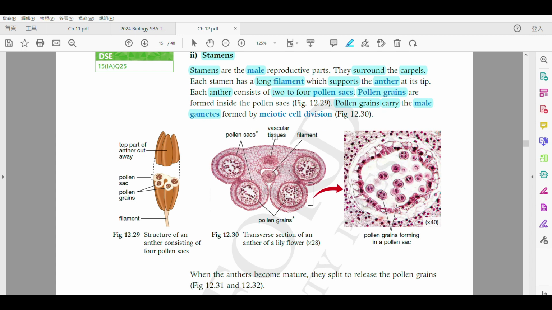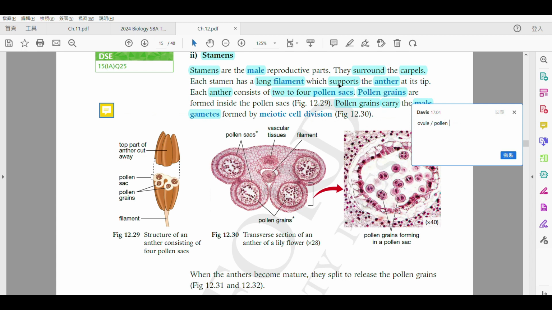Okay? It is just a carrier. Please write it smaller. Okay? So ovule, or this pollen grain, both of them are only carriers. Carrier means a vehicle. So they are only carrying somebody.